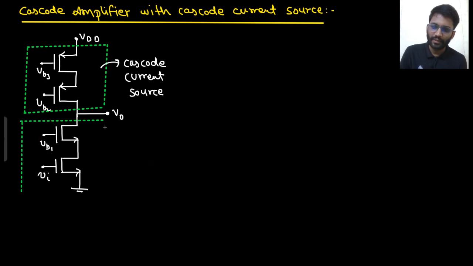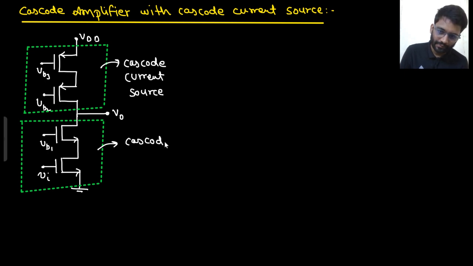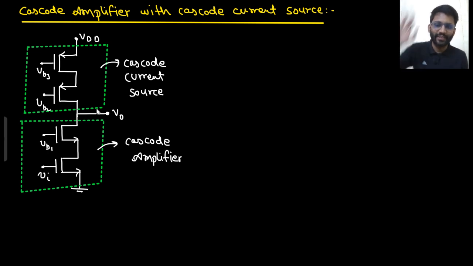This is Cascode amplifier. So this is Cascode amplifier. This is Cascode current source. Say yes or no. Are you agreeing to my point?